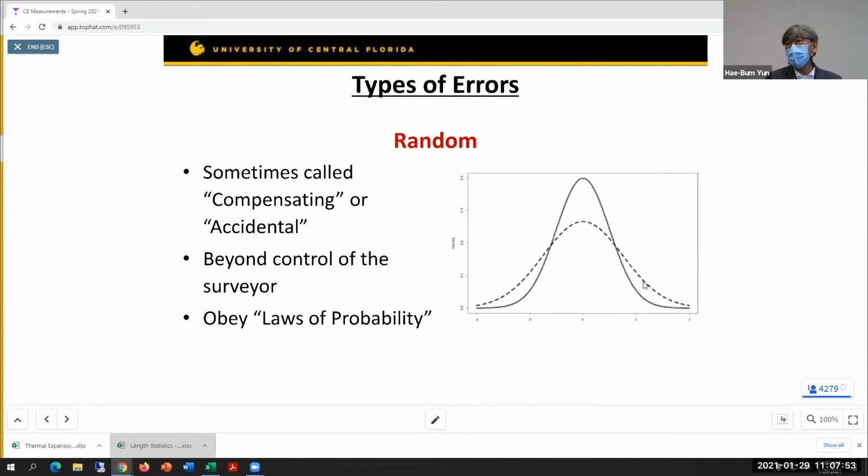That is something we don't have any control over for a given instrument. And when we have this kind of random error, we follow the law of probability. This is why we have to learn probability and statistical techniques.